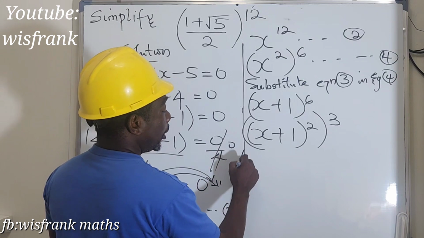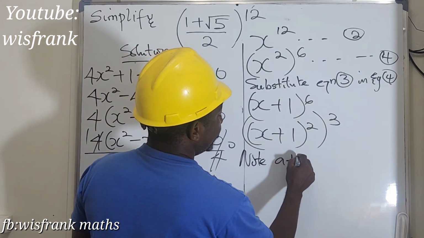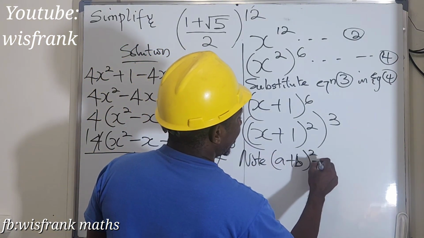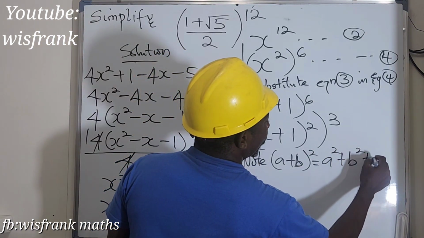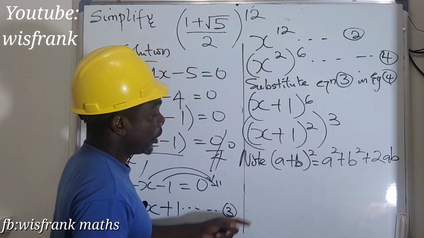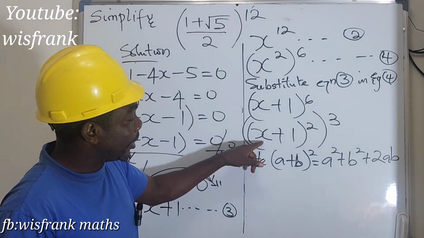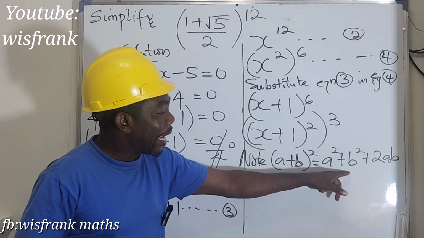And we can recall that when we have a plus b all to the power of 2, it equals a squared plus b squared plus 2ab. So we are going to express the inside of the parentheses as this.